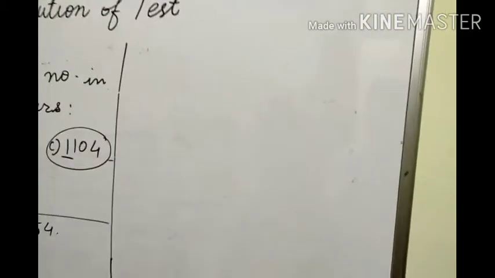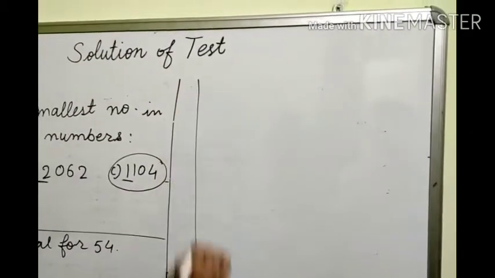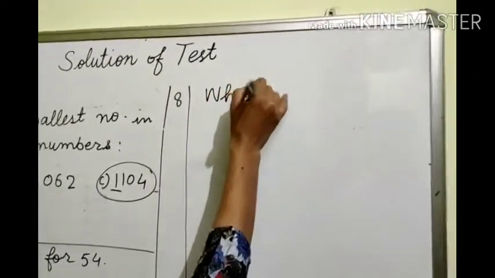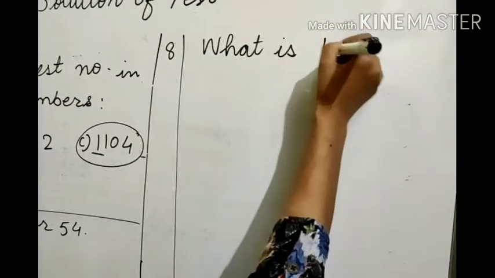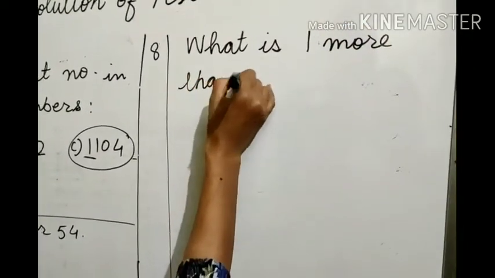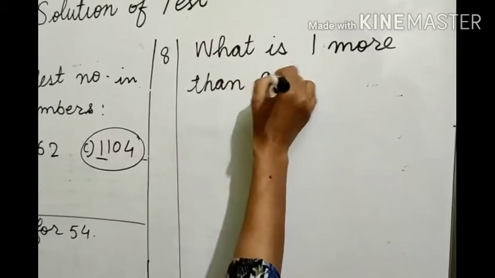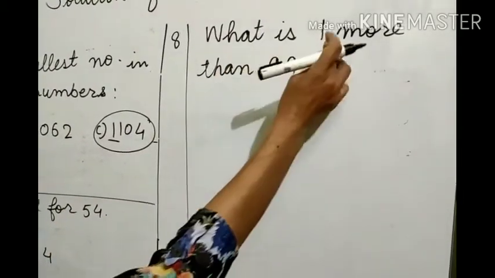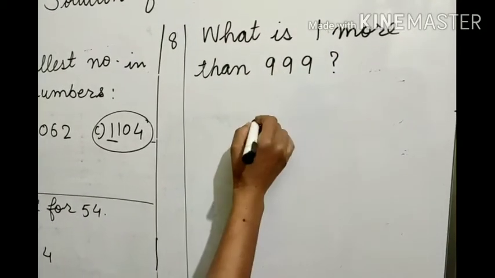Now question number 8. What is 1 more than 999? 1 more than means we will add 1 to 999.